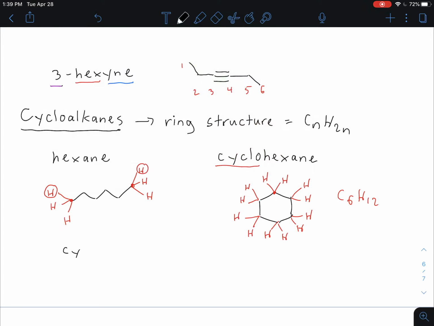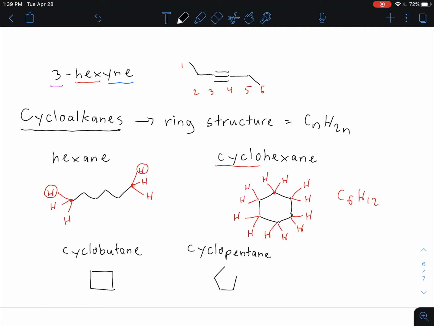So if I think about what some of these other ones would look like, I could have a 4-membered ring. That would be called cyclobutane. I could have a 5-membered ring.